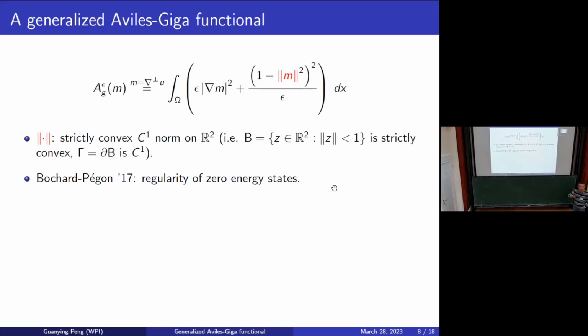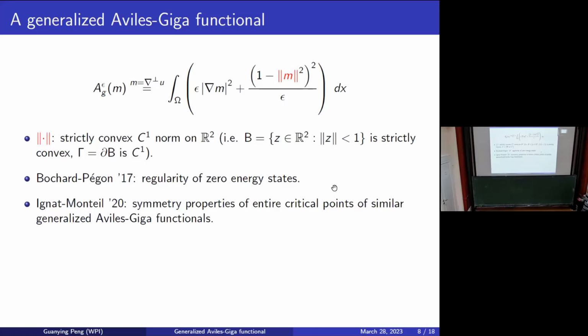So this problem was first studied by Bochard and Pegon. I'm not sure if I pronounced their names correctly. So they studied this problem with a focus on understanding regularity of the zero energy states. I will come back to explain zero energy states in just a moment. And then more recently, there is another work by Ikonen and Montel. So they also studied similar generalized Aviles-Giga functionals, but the focus is to understand the symmetry properties of entire critical points.